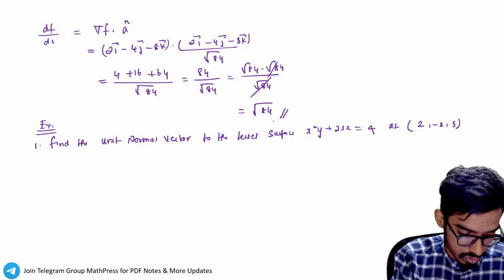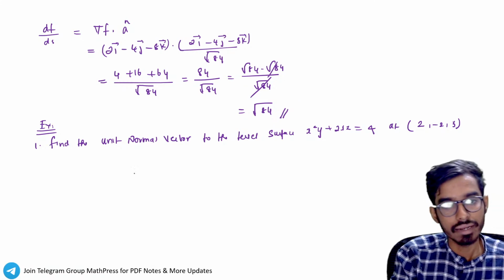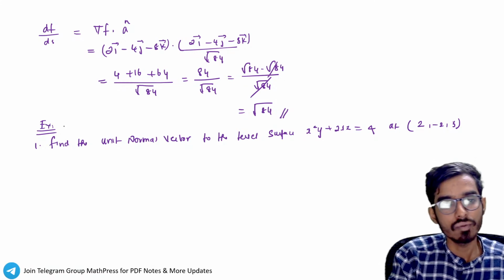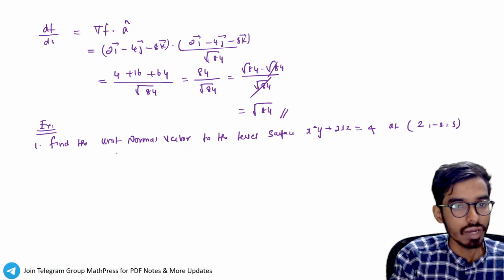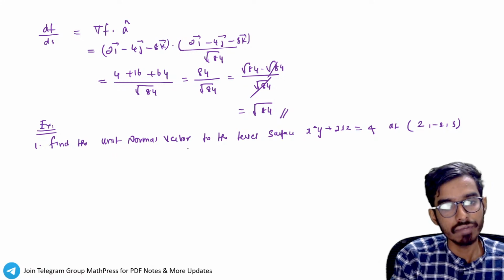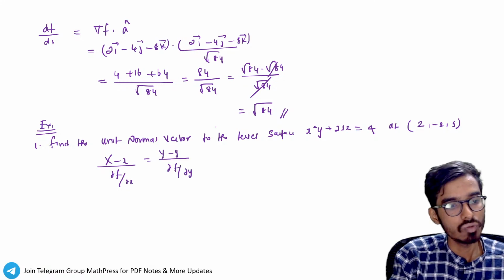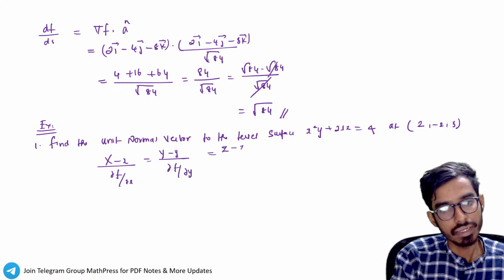The next problem, if you want, I can also do this problem. Find the unit normal vector to the level surface x squared y plus 2xz at the point. The normal line will be (X minus x) divided by dou f by dou x, (Y minus y) divided by dou f by dou y, (Z minus z) divided by dou f by dou z.